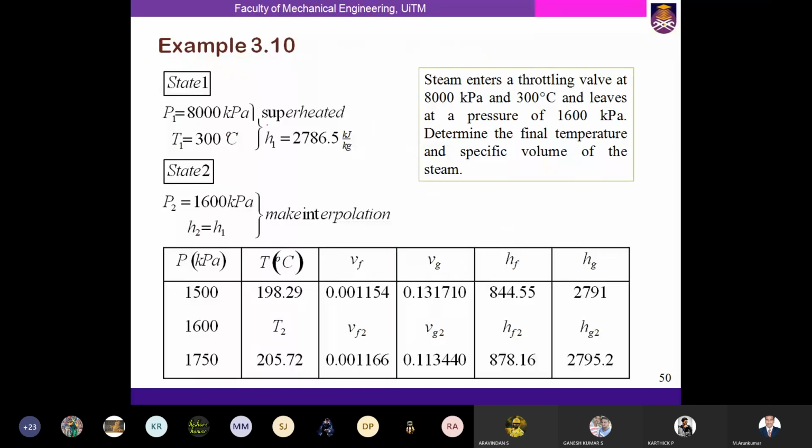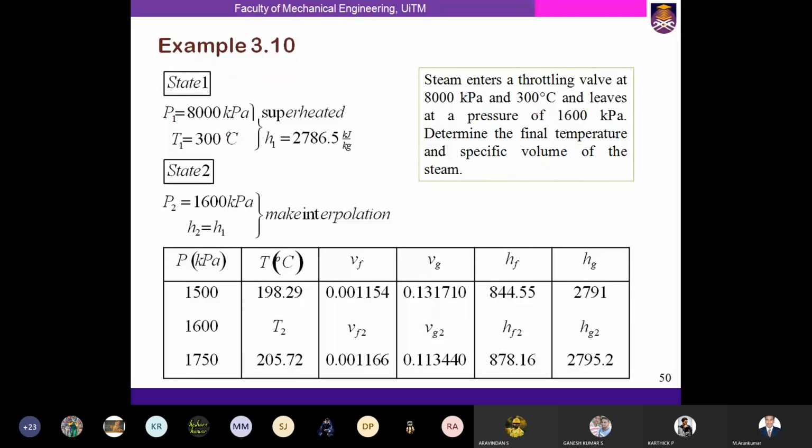The application is the same, but here we have reduced pressure. P1 value is given, 1600 kilopascal, and 1500.